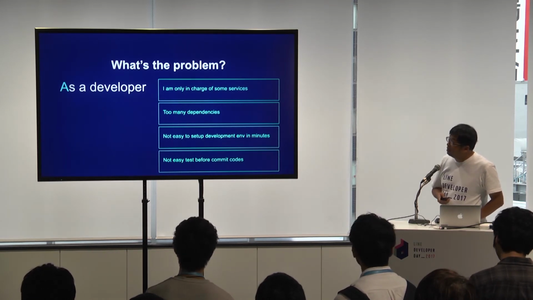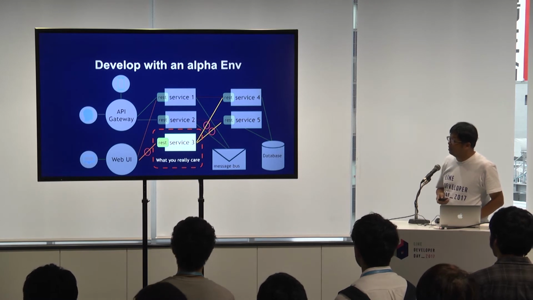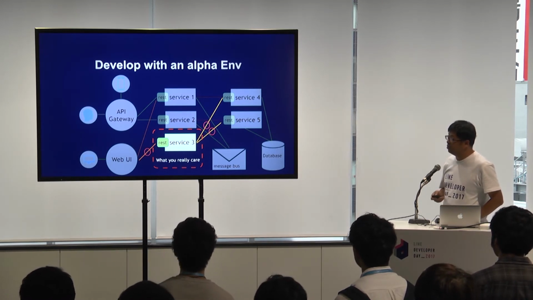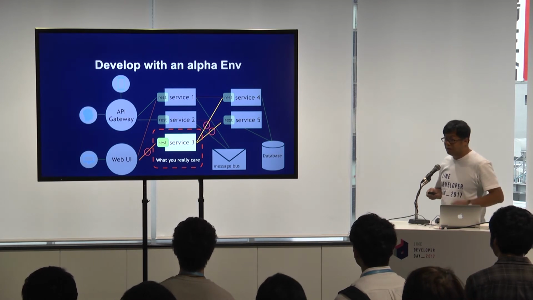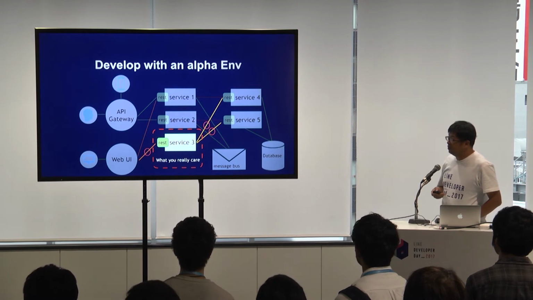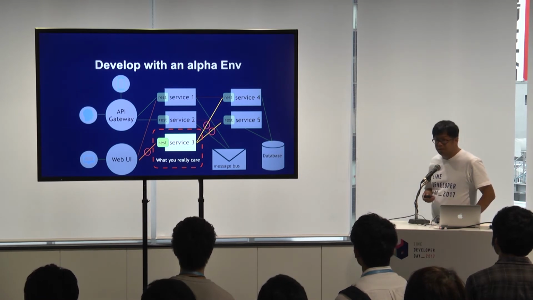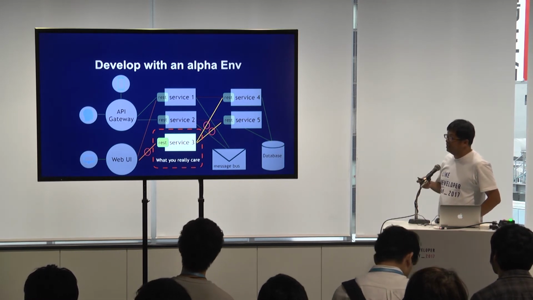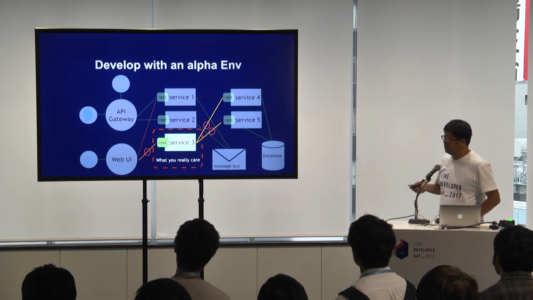So that's what we do. For example, I am the developer of service 3, and this is what I really care about. But the web UI depends on my service through a RESTful interface, and I also depend on two other services called service 4 and service 5.